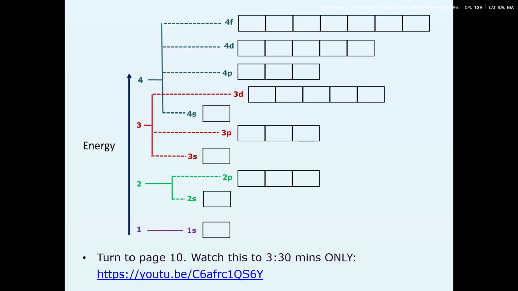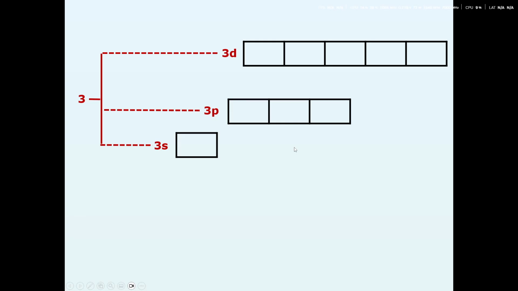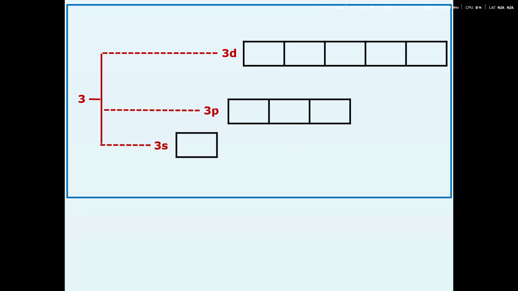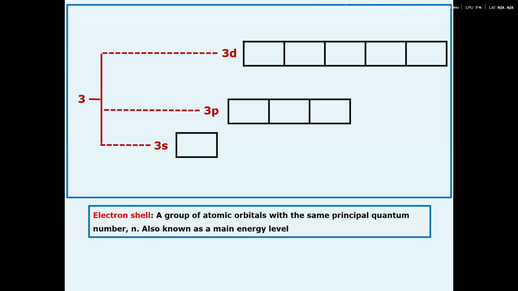So to summarize, this is an electron shell. So this that we're showing is shell 3.